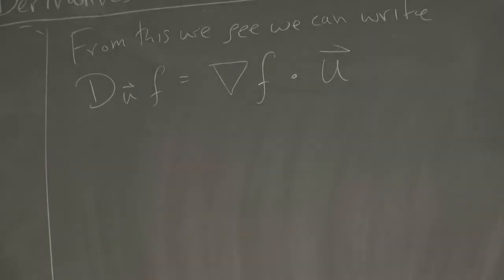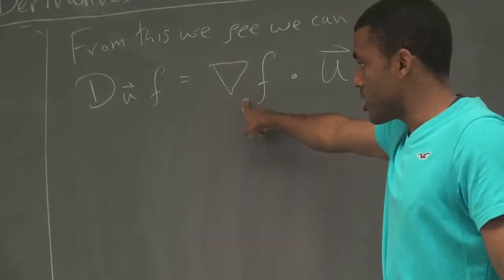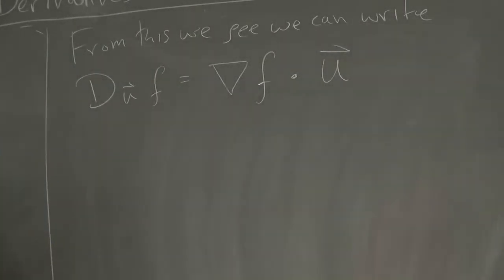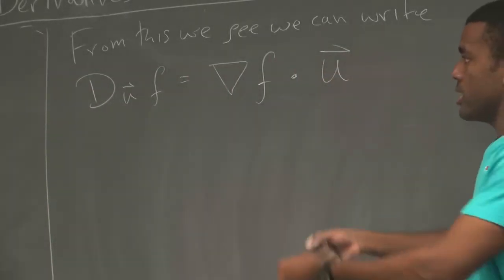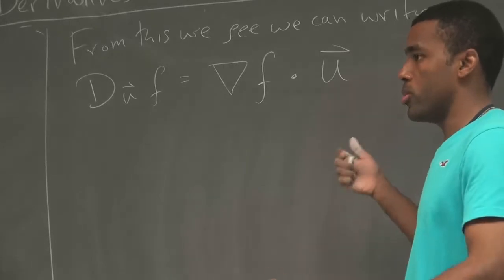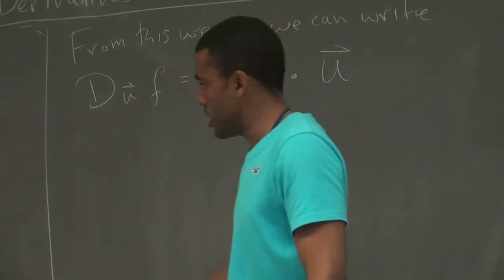So this guy is just the vector of the partial derivatives of your function, and this guy is the direction you're moving. And again, it generalizes into 2, 3, 4 dimensions as necessary, very naturally.